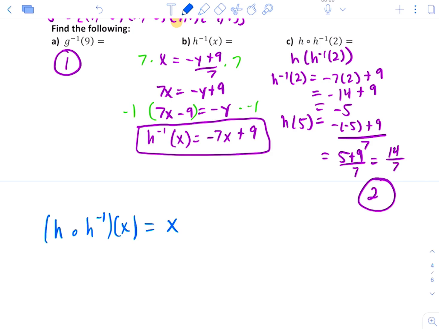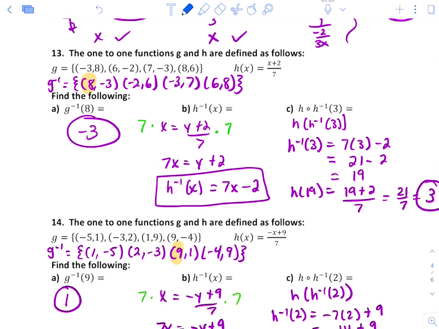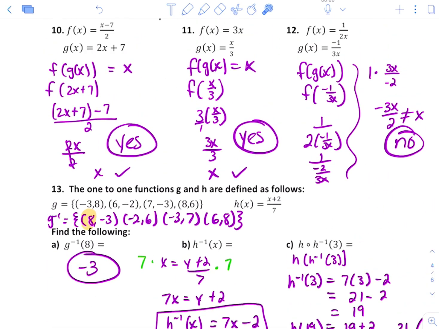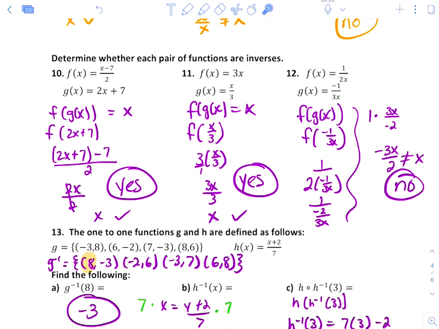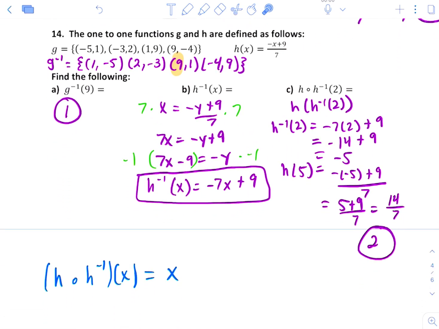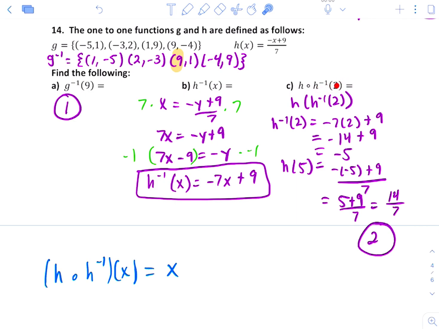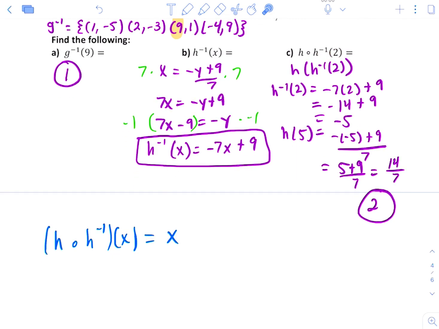Which is why when we are talking about up here, if we were determining if two things were inverses of each other, if we did the composition of them and we got that single x by itself, that's why I can say yes, that they're inverses of each other. And I know that based on this pattern right here where we're getting that number back.